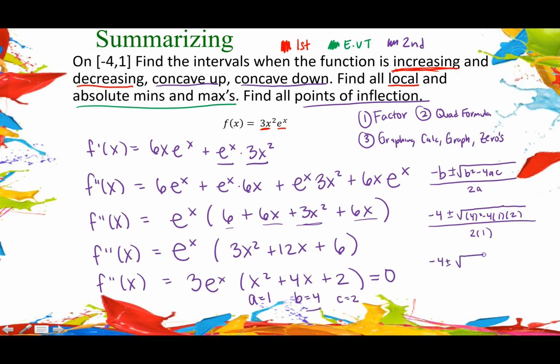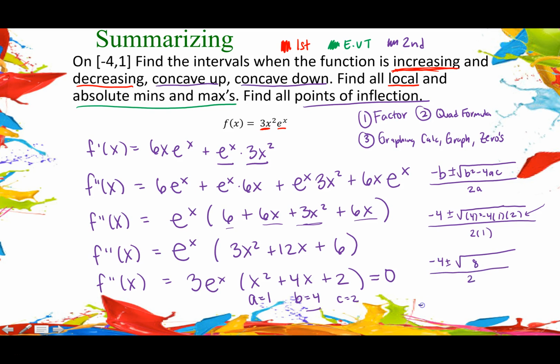Okay, next I'm going to do everything that I see under the square root, but I'm not going to take the square root yet. So in my calculator right now, I'm doing 4 squared minus 4 times 1 times 2, and I get 8 all over 2. All right, so what is this going to be? This is going to be 2 answers.